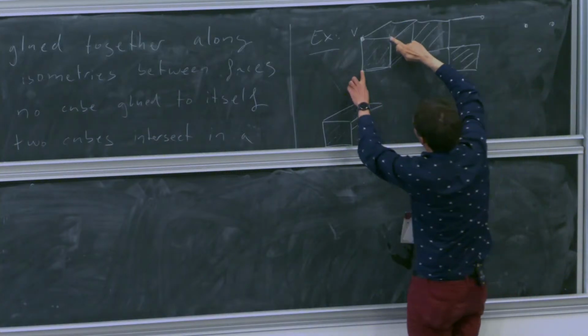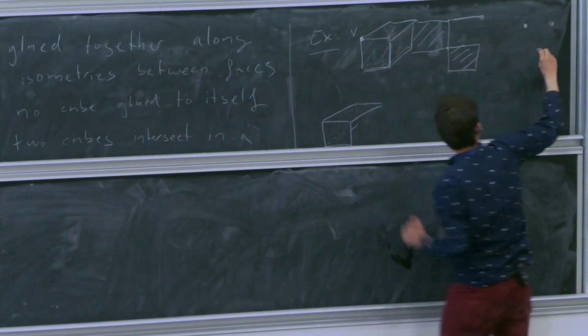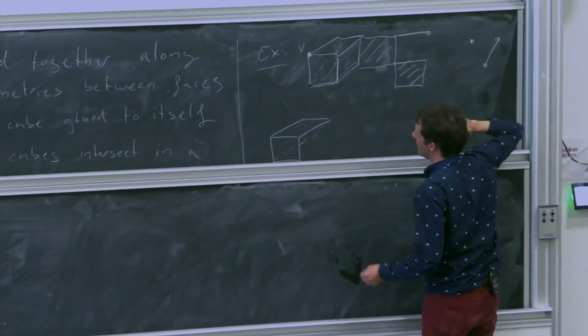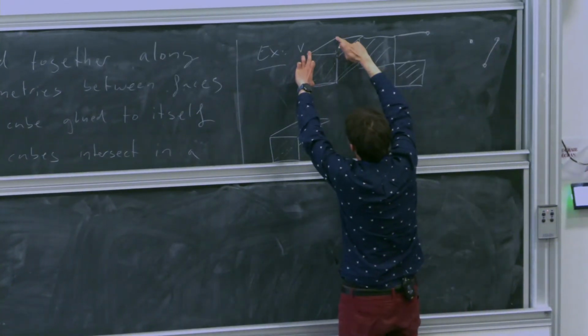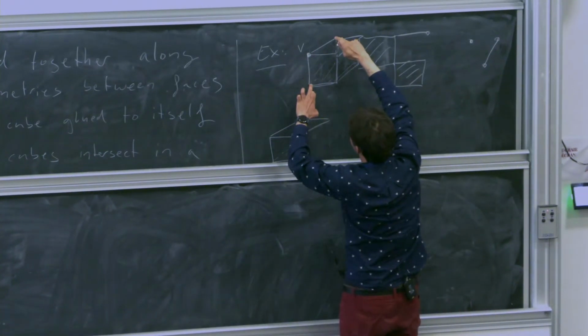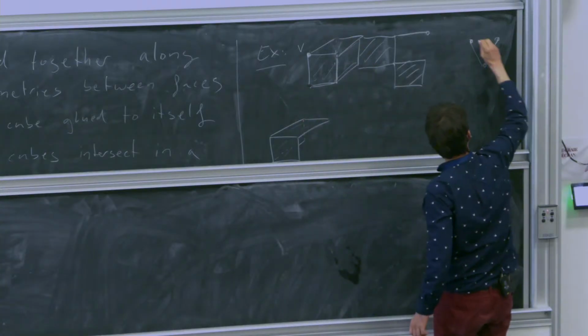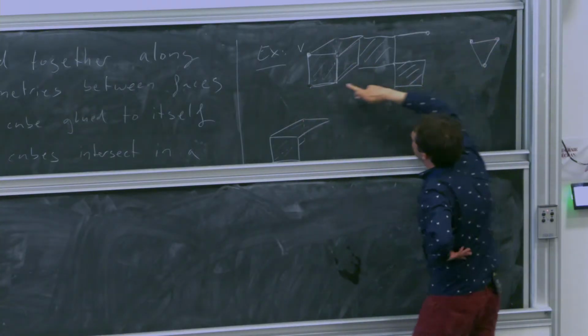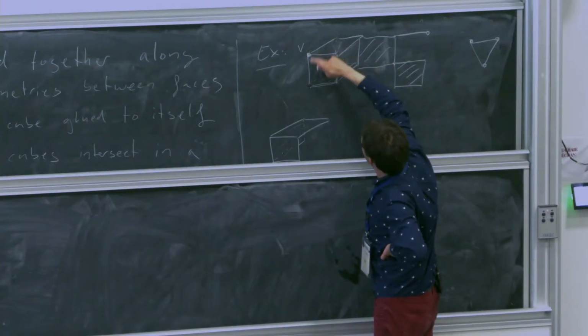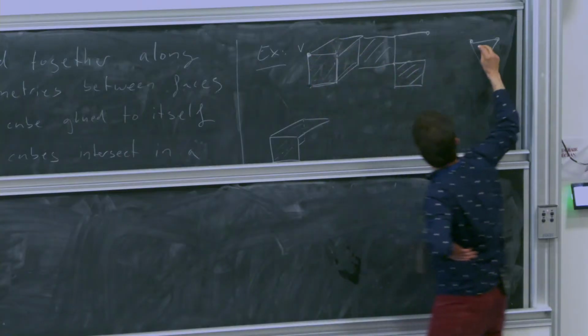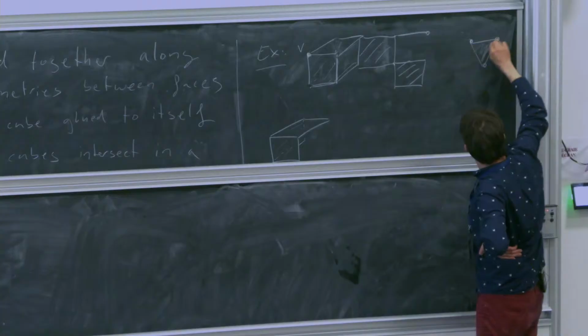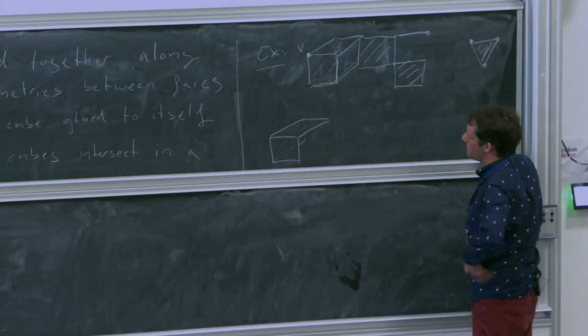Now these 2 are contained in a common square, so they are linked by 1 simplex. Same for these 2, and same for these 2. So they are pairwise linked. But also all 3 of them together with this one are contained in a 3 cube. So we also fill in this simplex here.